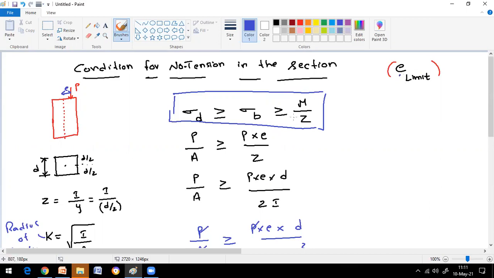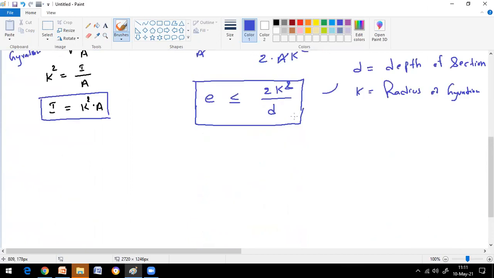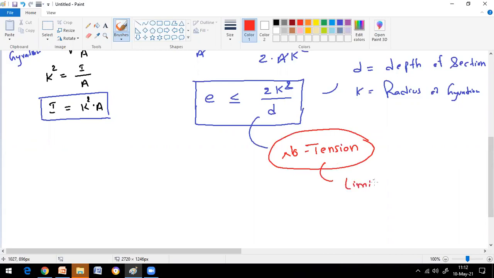So e should always be less than or equal to 2k square by d; then the section will be under no tension. Understood, everyone? So this creates the limit of eccentricity.